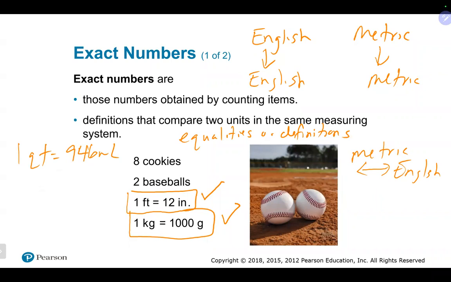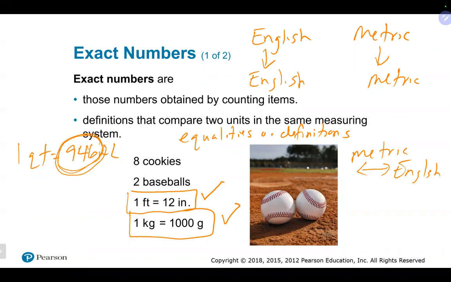This technically is a crossover from English units to metric units, and we would want to look at the significant figures in this part of the number, not the 1. There will always be an equality: 1 of something is equal to a number, and you would want to look at the number part. So that's the one place where, technically speaking, you should look at it.